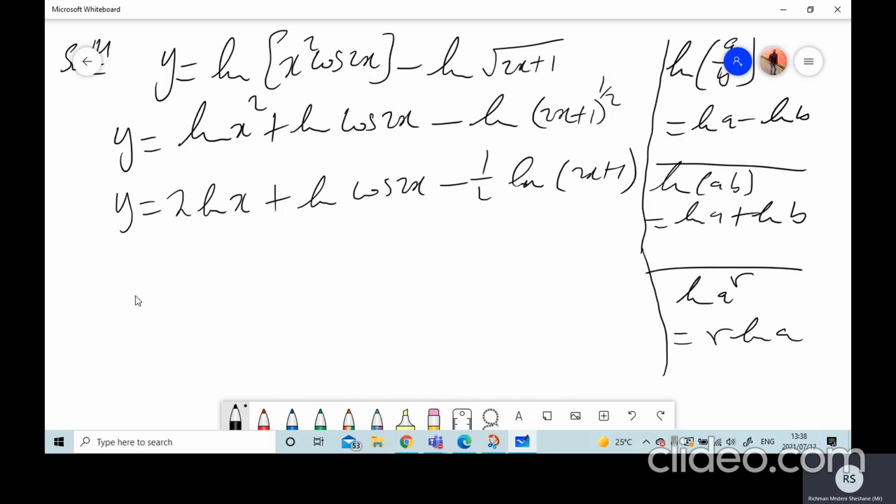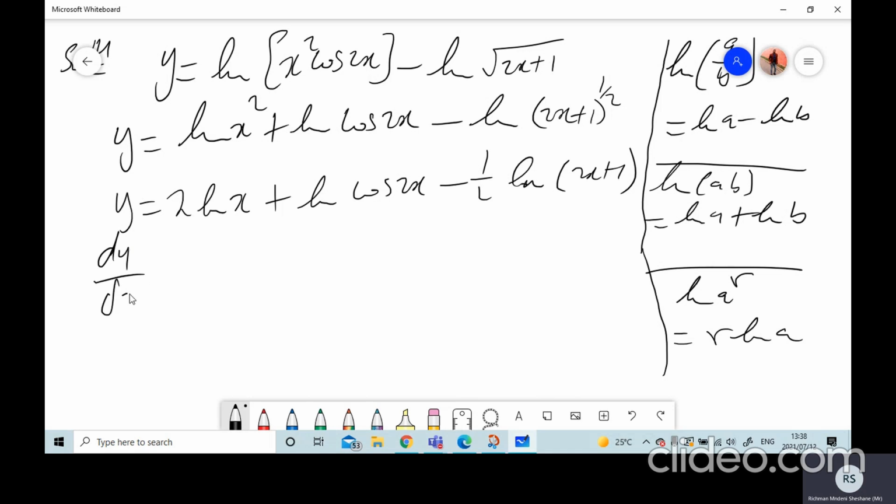Now I expanded my right hand side completely, where I just apply the log properties where I see one of these three log properties. So now I'm ready to differentiate after applying the log properties.